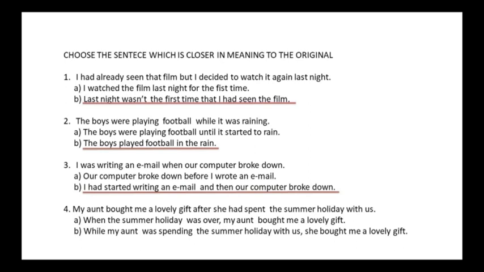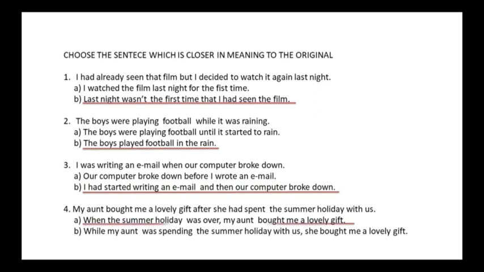4. My aunt bought me a lovely gift after she had spent the summer holiday with us. When the summer holiday was over, my aunt bought me a lovely gift. Or, while my aunt was spending the summer holiday with us, she bought me a lovely gift. What do you think?